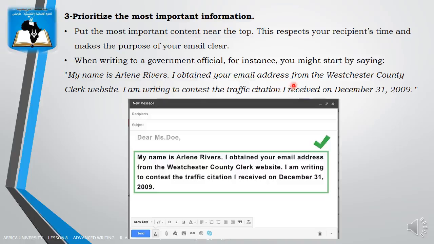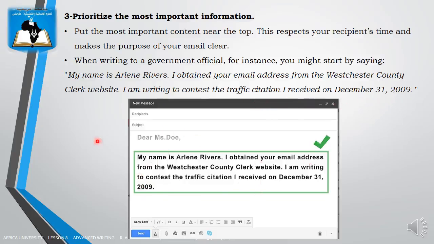I obtained your email address from the Westchester County Clerk website. I am writing to contest the traffic citation I received on December 31, 2009.